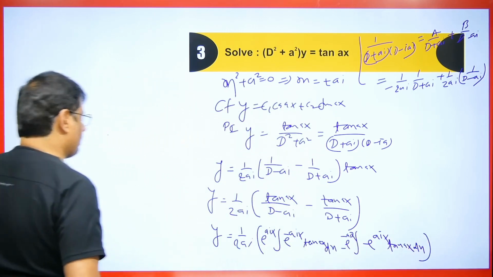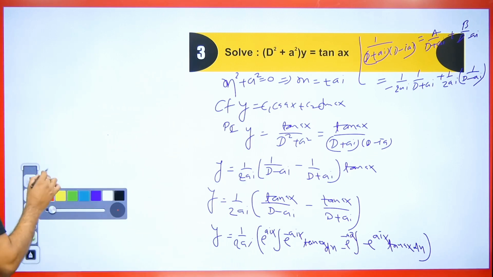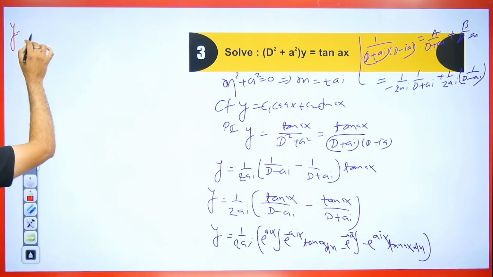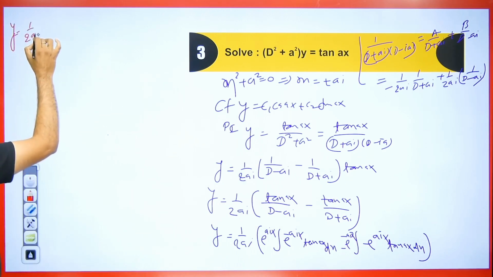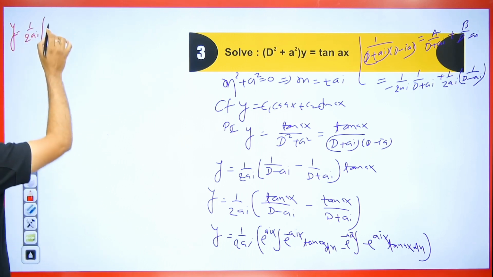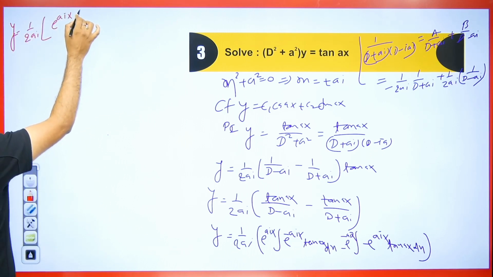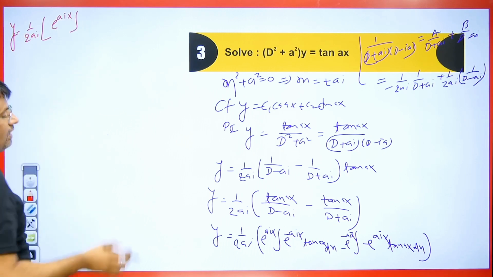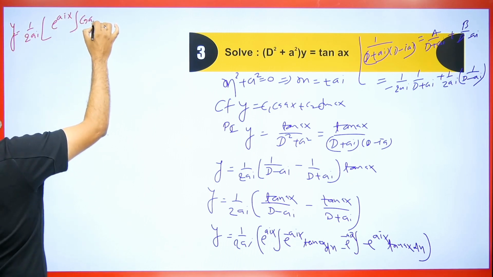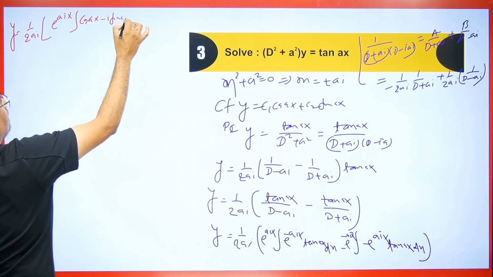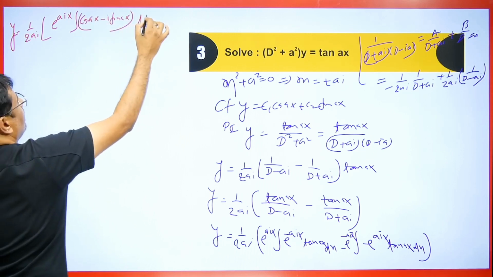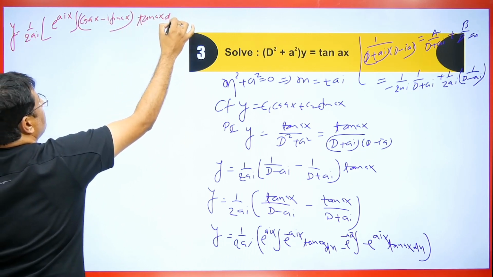In this case, we will put e to the power a iota x as the value. And in this process, we get y is equal to 1 upon 2a iota. The value that we will get here, that will be e to the power a iota x. And after solving it, if we place this here, then this expression will be cos ax minus iota sine ax into tan ax dx in this expression.